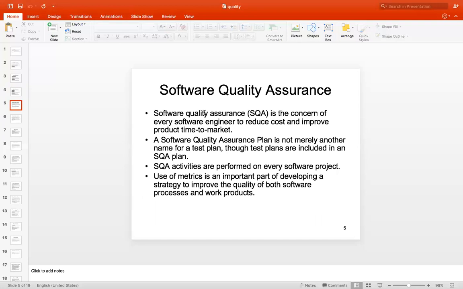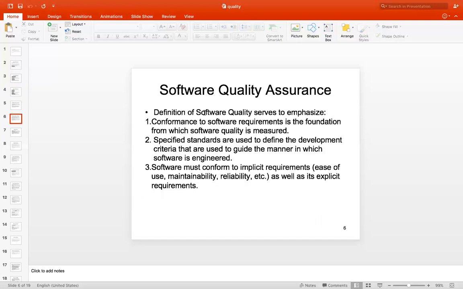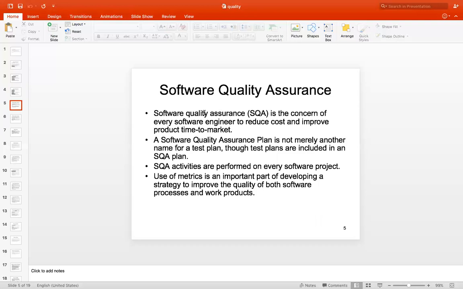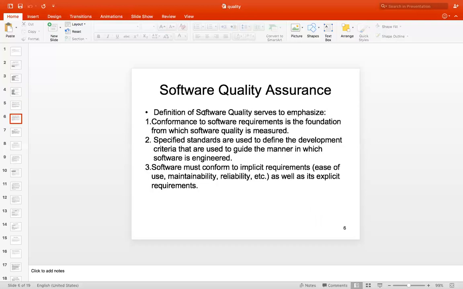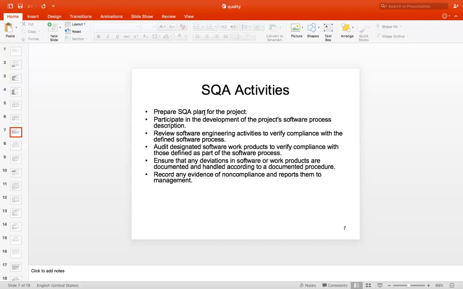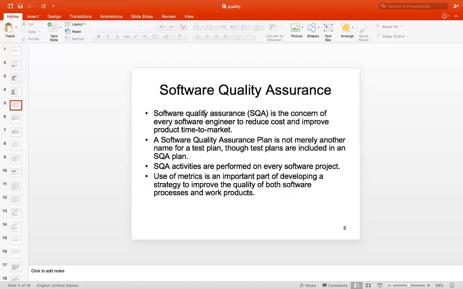And after that, we learned about software quality assurance. In the software quality assurance, we need to know what are the things we have, what software quality is, how we prepare the software quality assurance activities, or how the software quality assurance is achieved, and what are the main concerns to achieve the software quality assurance.